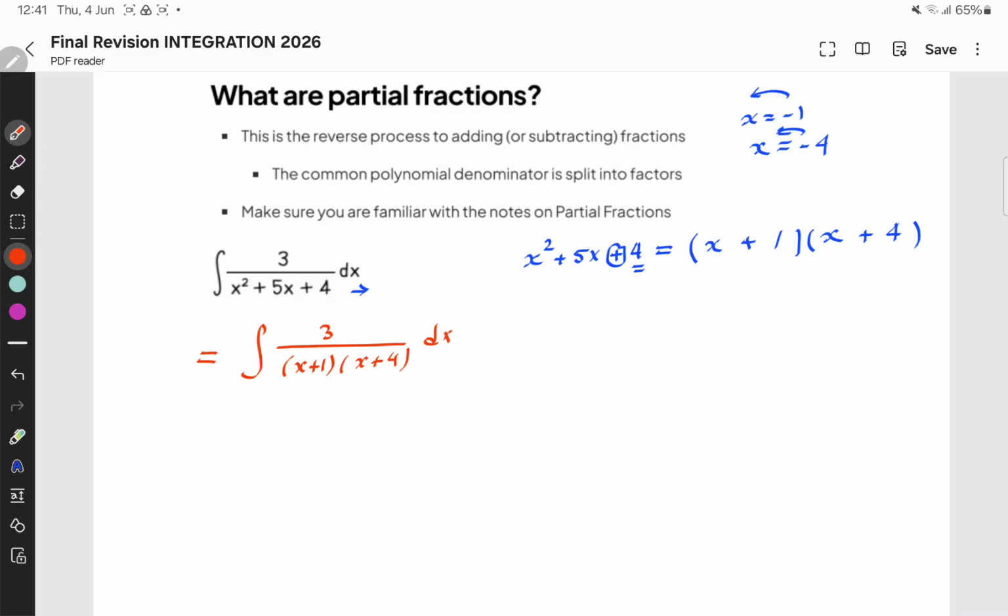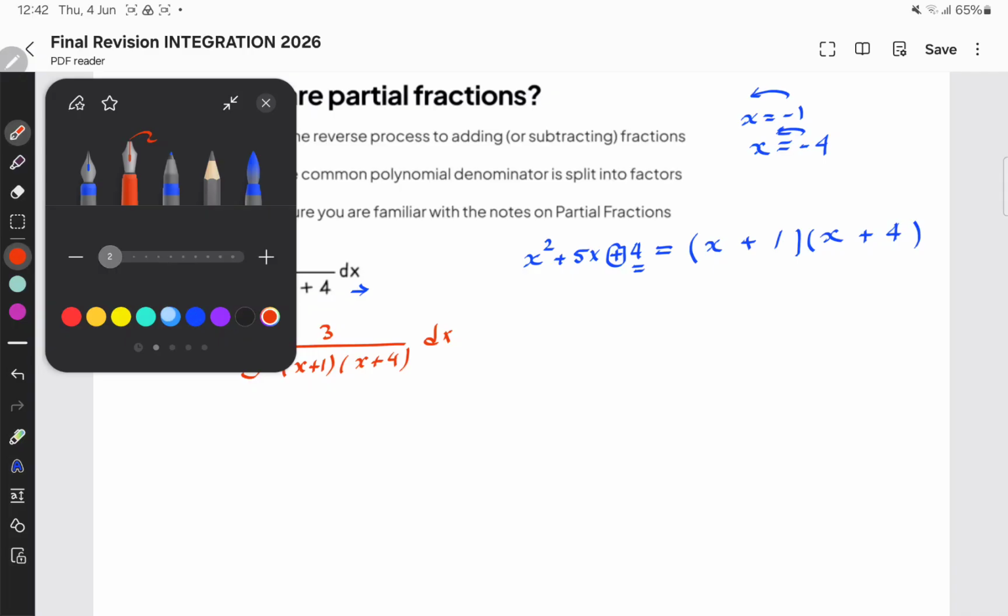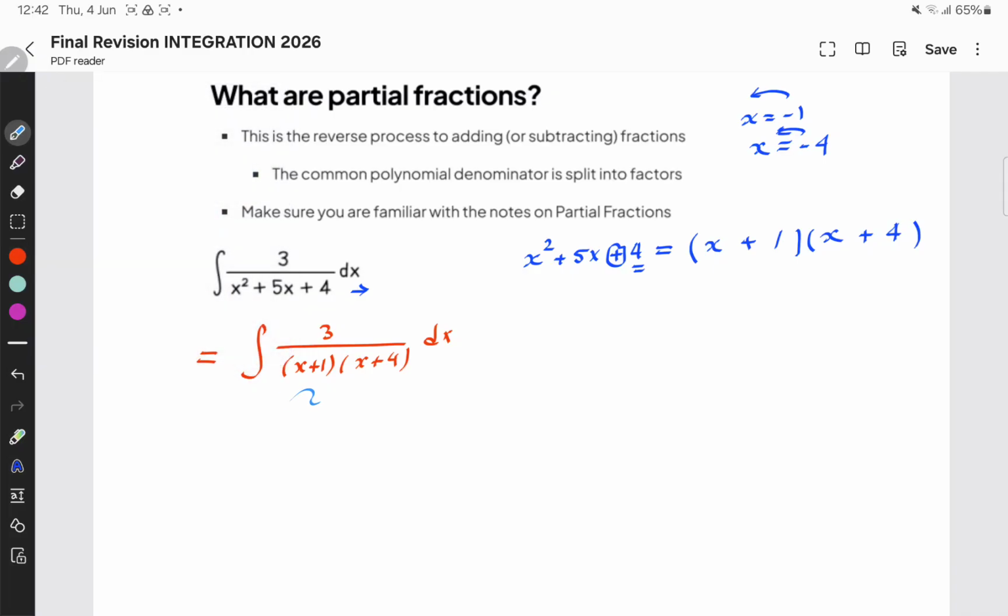Now I have a fraction including 2 factors in the denominator, and that fraction is proper, degree of numerator less than degree of denominator. So first of all, I will take that fraction and express it into partial fractions, as you know from grade 11.